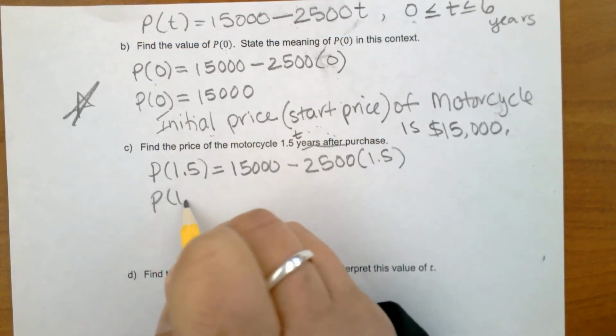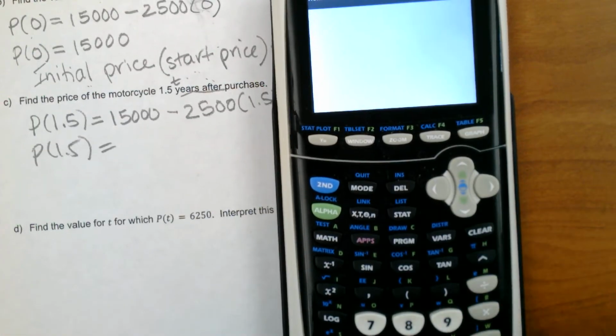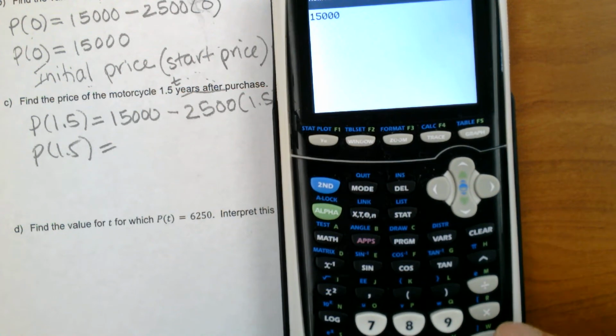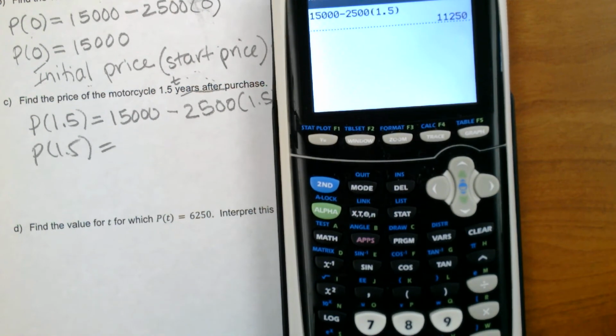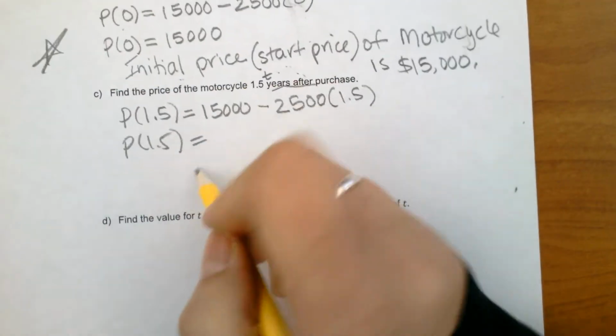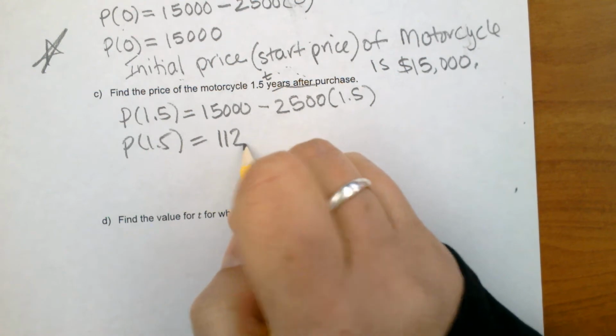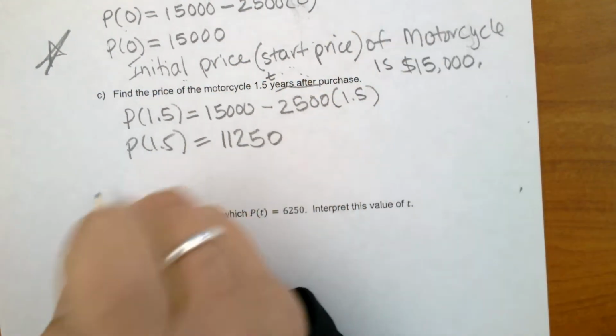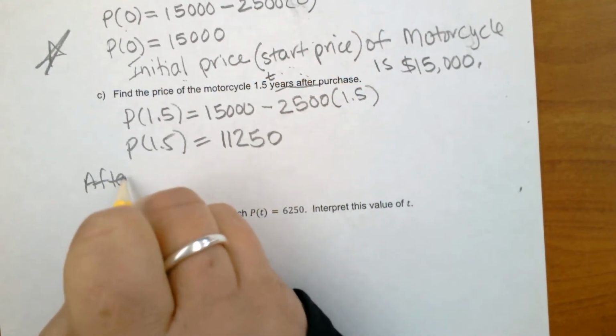Well, let's do that. 15,000 minus 2,500 times 1.5 is 11,250.